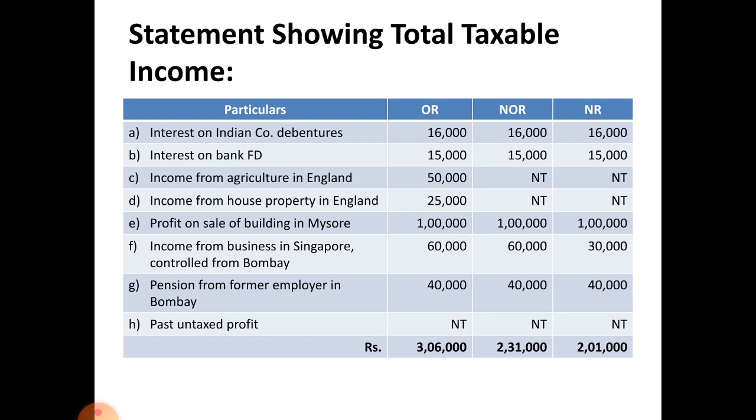Go through these items and amounts. When you write all these things in this format, the total taxable income of an ordinary resident is rupees 3,06,000, not ordinarily resident 2,31,000, and non-resident 2,01,000 rupees. Go through this problem once again.